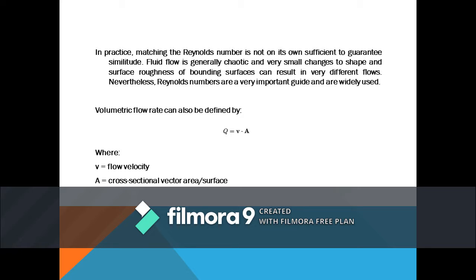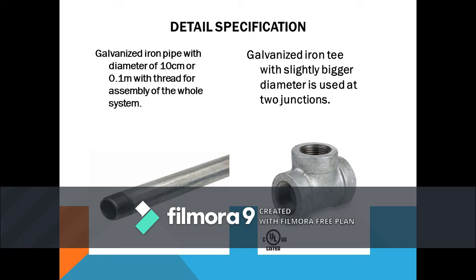Volumetric flow rate can be defined by Q equal to V A, where V is flow velocity and A is the cross-sectional area. For the detailed specification, we use galvanized iron pipe with a diameter of 10 centimeter or 0.1 meter with thread for assembly of the whole system.